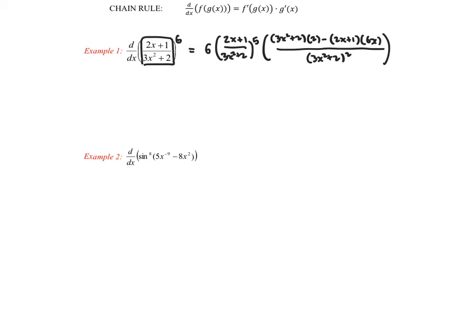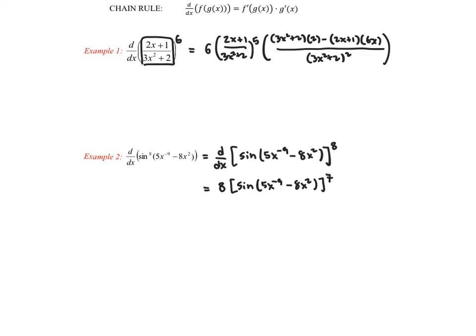Okay, so I'm going to actually rewrite this as the derivative with respect to x of sine of 5x to the negative 9th minus 8x squared to the 8th power. So the derivative of that would be 8 times sine 5x to the negative 9th minus 8x squared to the 7th power.